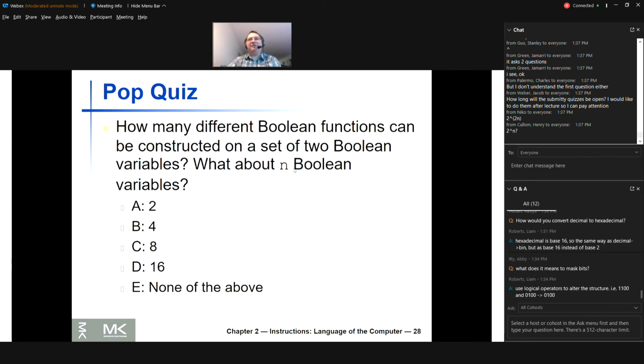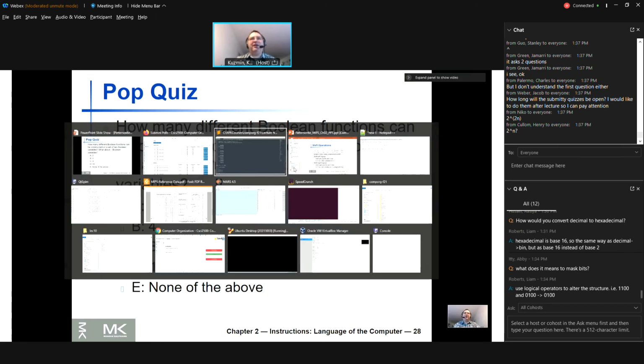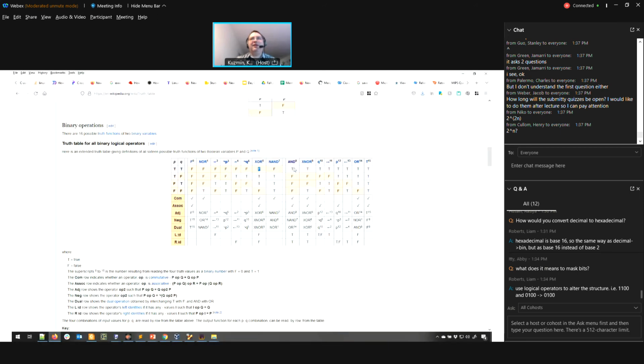Yeah, you're getting close, but not exactly. And if you want a hint, it's actually here. So how many Boolean functions of 2 operands do we have? Here they list all of them.